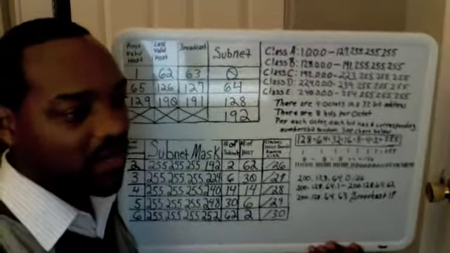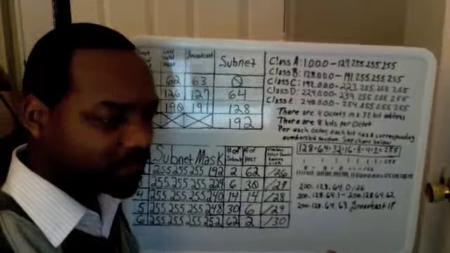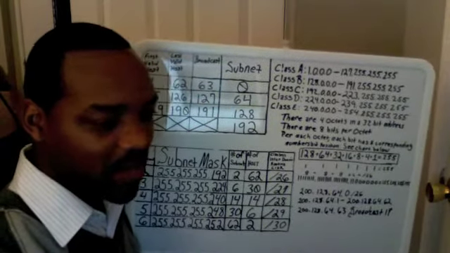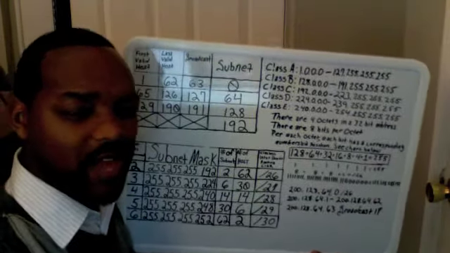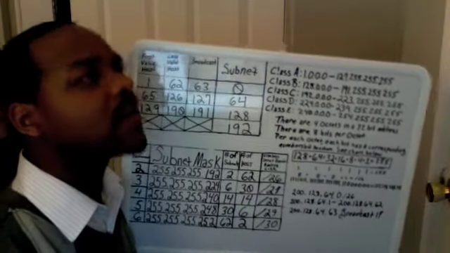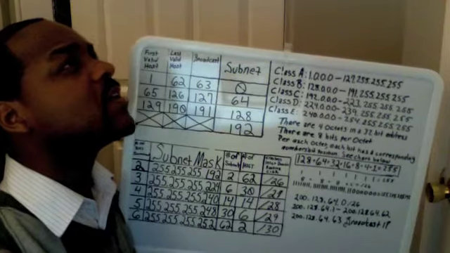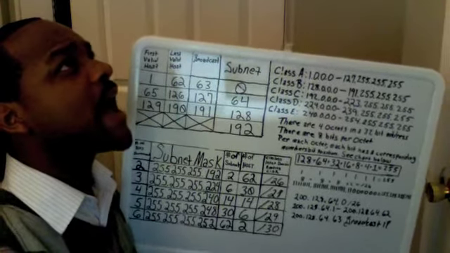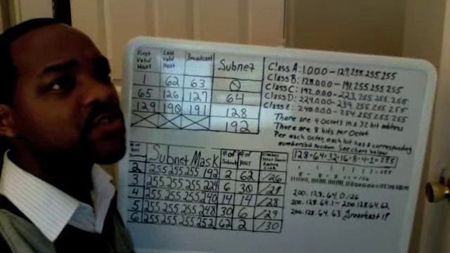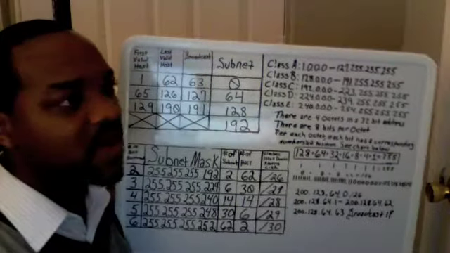Sometimes, I remember once an employer asked me a Class B subnet question, and it took me a second. I had to think about it. I believe it was a /25, and they wanted to know how many usable hosts were in a /25. Notice /25 is not on here.